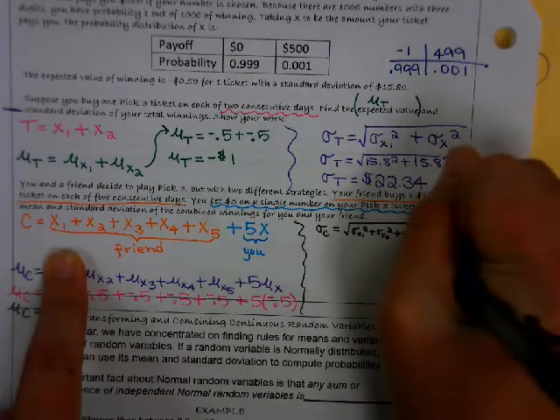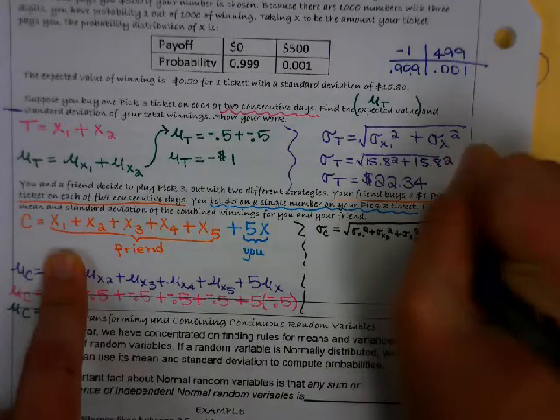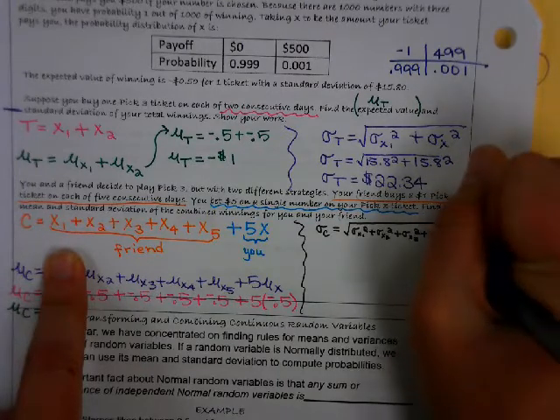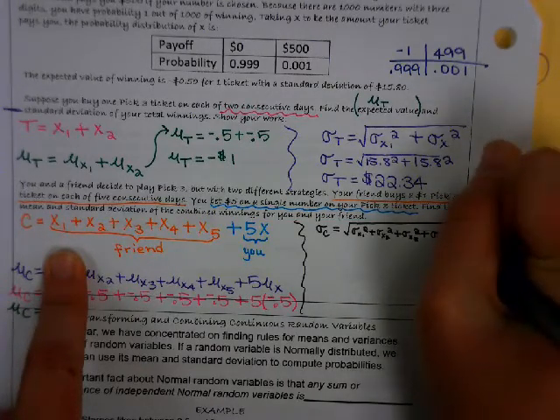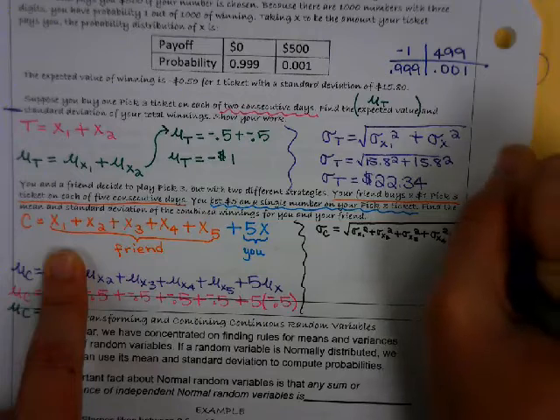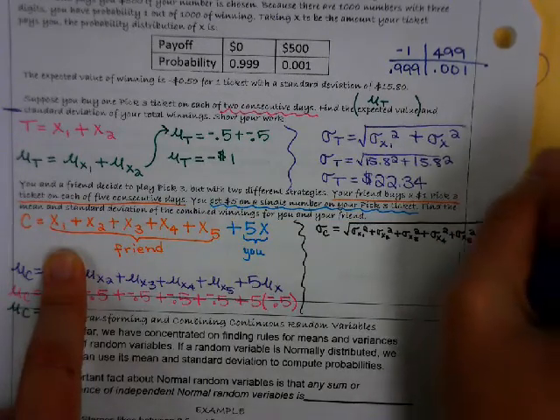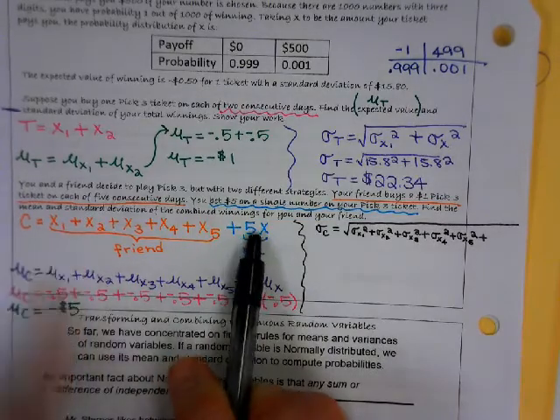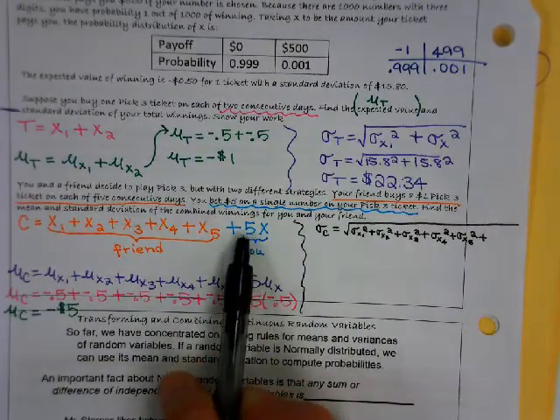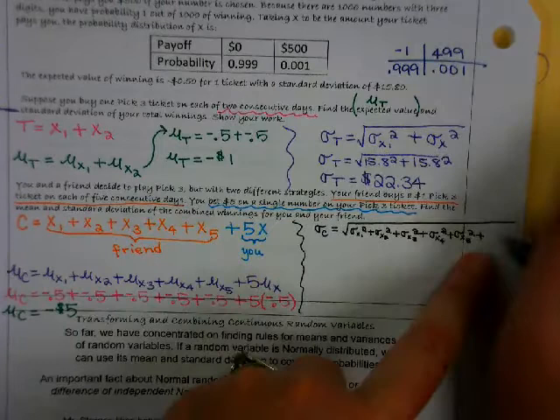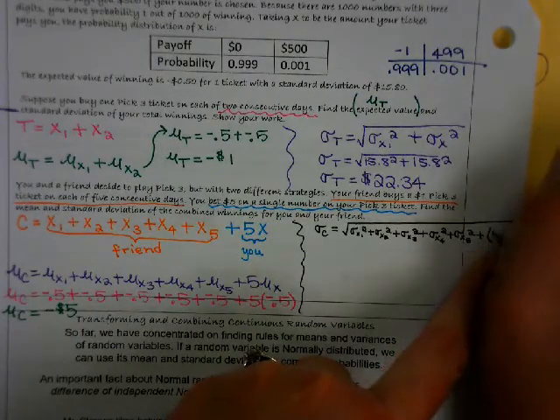And then, as Anna reminded us in the warm-up, when we multiply, we're going to multiply first and then square it. So this is 5 times the standard deviation of x, and then we're going to square it.